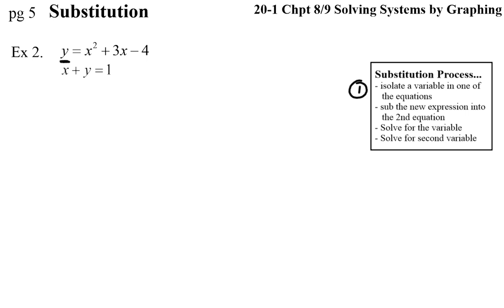But what we do have to do now is take that expression we've created for y and substitute it into y in the other equation. So we're going to be left with x plus x squared plus 3x minus 4. There now is that y expression that we've substituted in, and it equals 1. So I've substituted in.